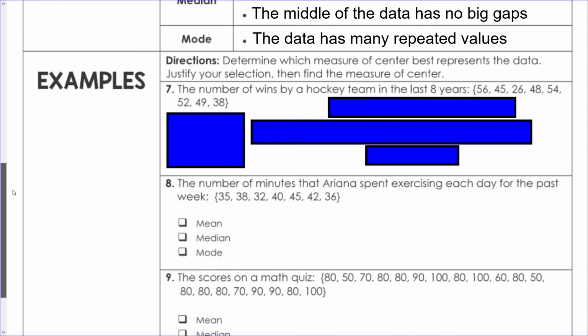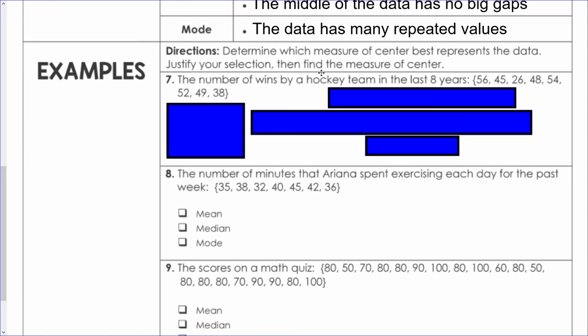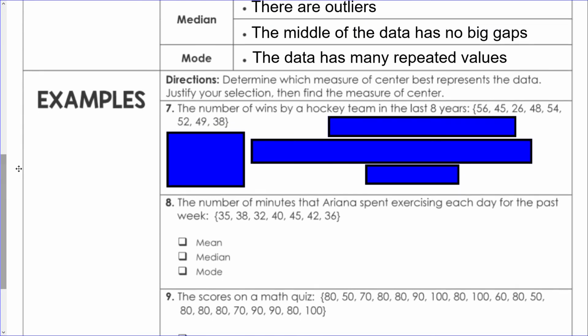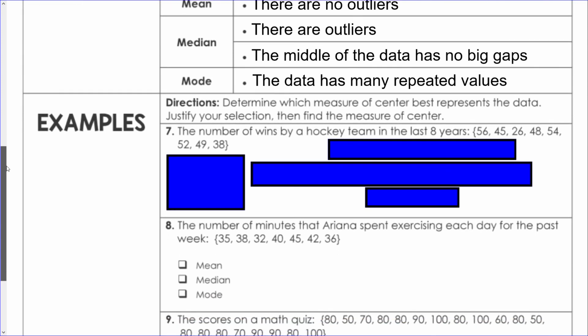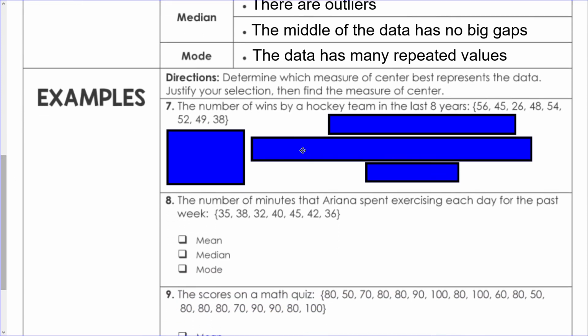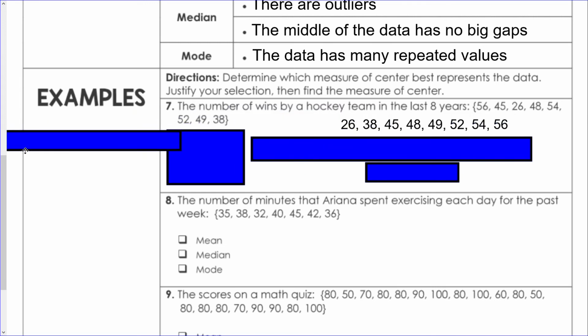All right, the question below says to determine which measure of central tendency best represents the data. You need to justify your selection and find a measure of the center. Because two of these depend on whether or not there is an outlier, one of the best ways to double check is to put the numbers in order.